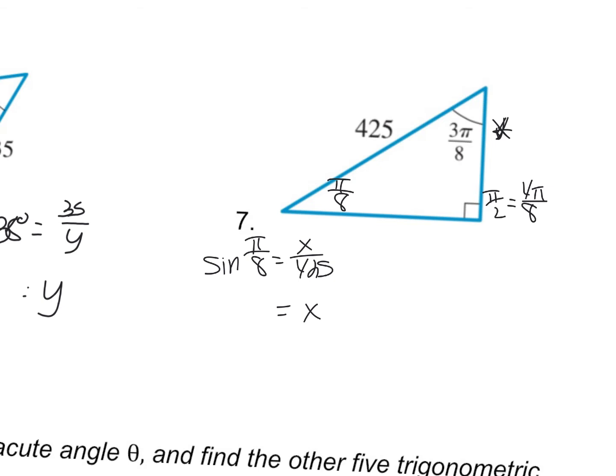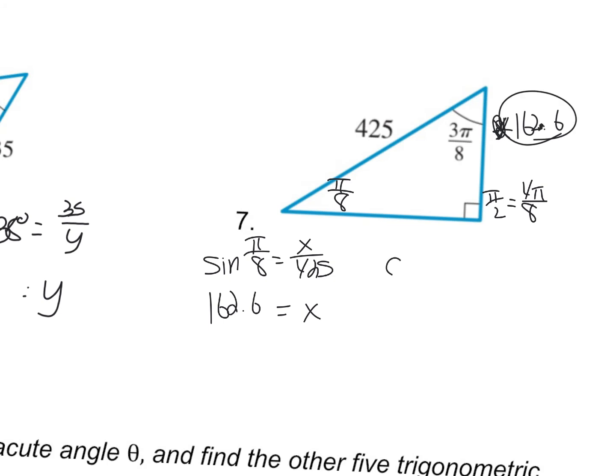When you do this, make sure your calculator's in radians, not degrees, because the angle's in radians. I'm going to punch that in real quick. I'm getting 162.6. So that was the side, 162.6, which should be the smallest side because it's opposite the smallest angle.